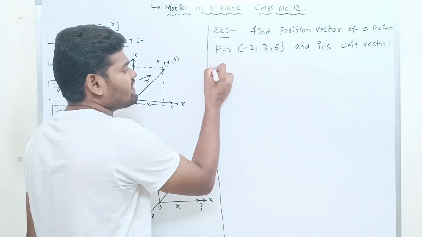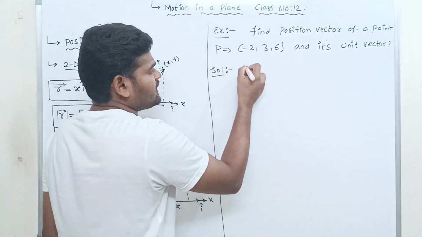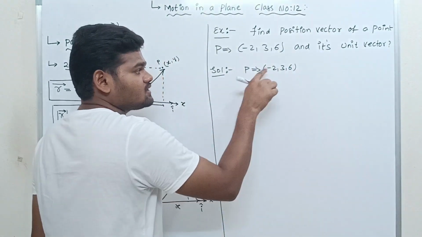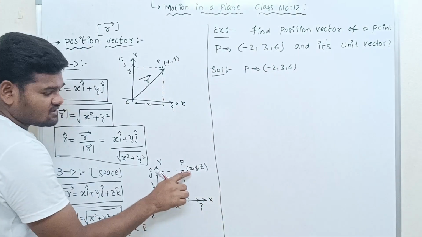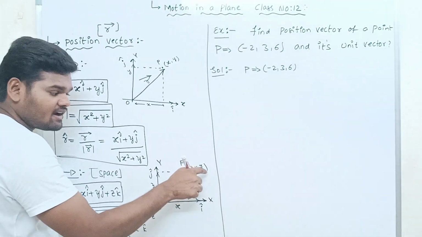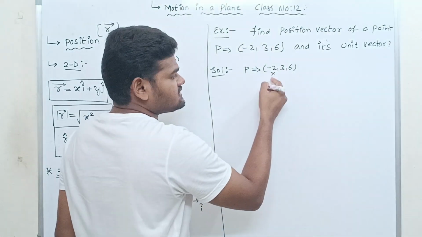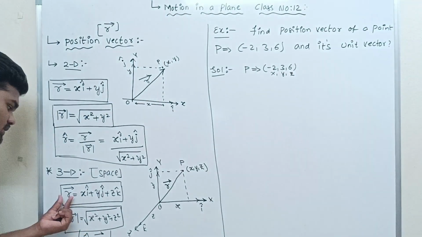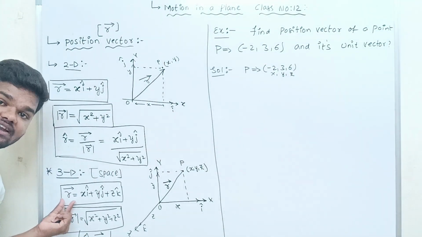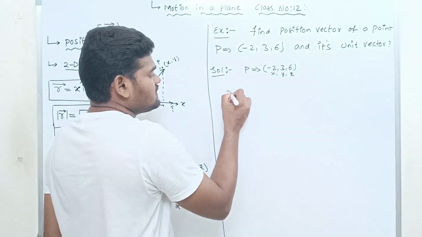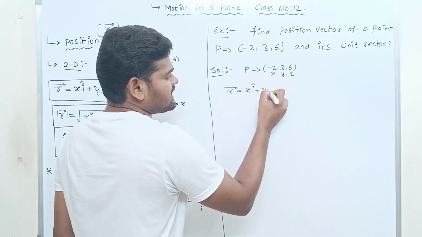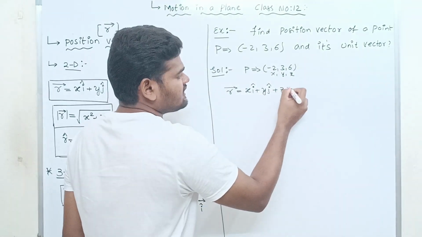Solution, have a look. The given point P is equal to minus 2, 3, 6. So minus 2, 3, 6 are the x coordinate, y coordinate and z coordinate. Now if you want to write the equation for the position vector in the three-dimensional coordinate system, the position vector r bar is equal to x i cap plus y j cap plus z k cap.